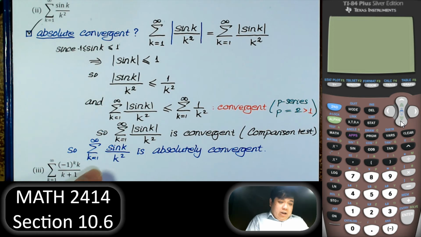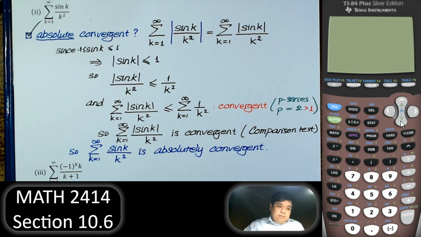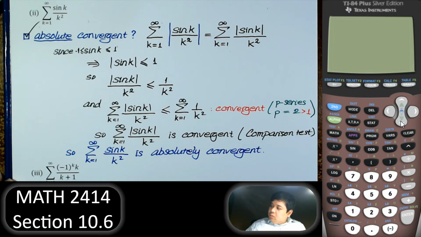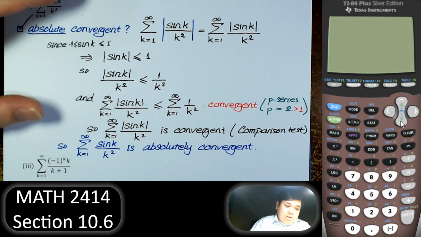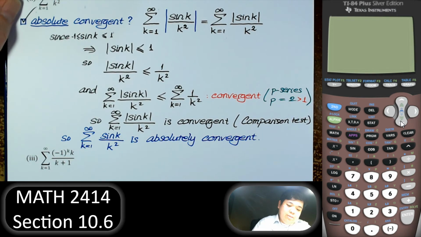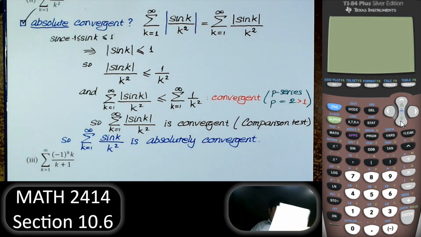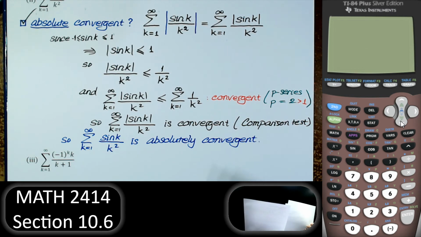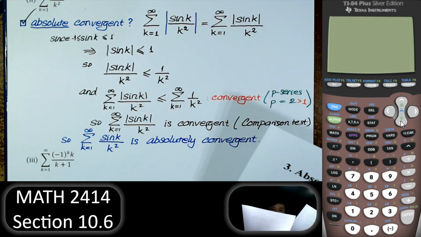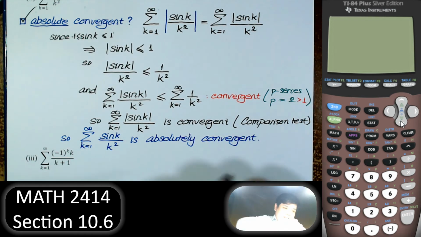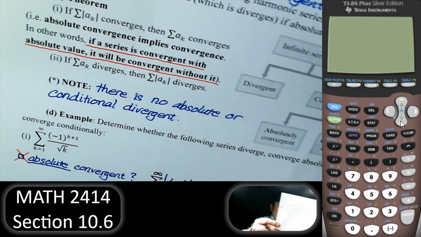Or the series is absolutely convergent. Or converges absolutely. That's sure, the grammar actually works.